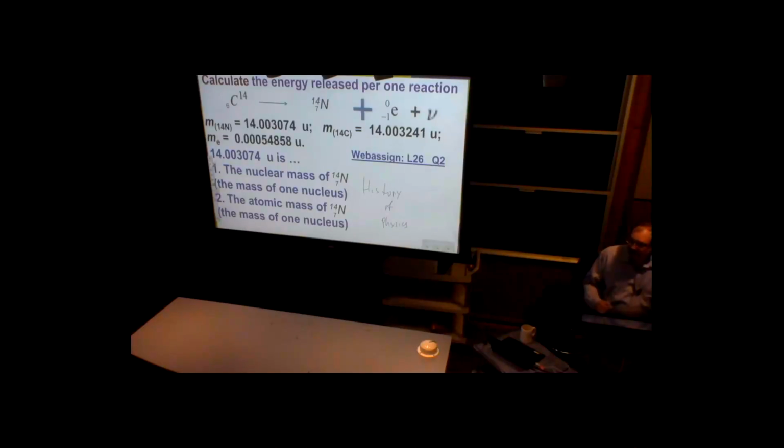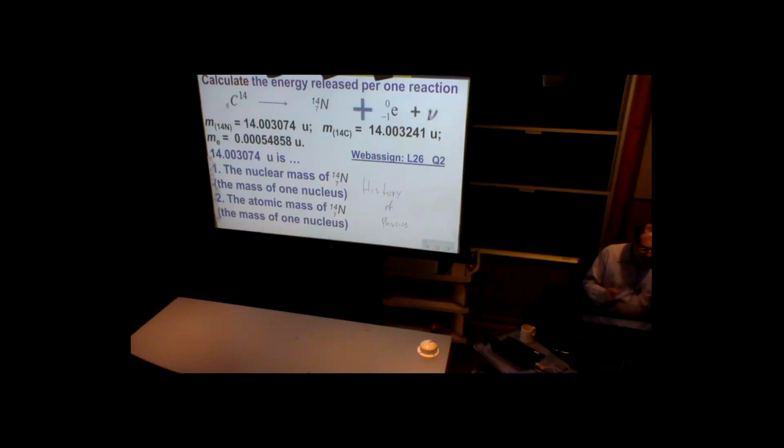And they said, well, we've measured atomic masses. Anybody who needs a nuclear mass should be smart enough to subtract mass of electrons. That's it. It's just a tradition. But we have to follow that tradition. So the reaction and following reactions describe what is happening to a nucleus. That's why we call them nuclear.